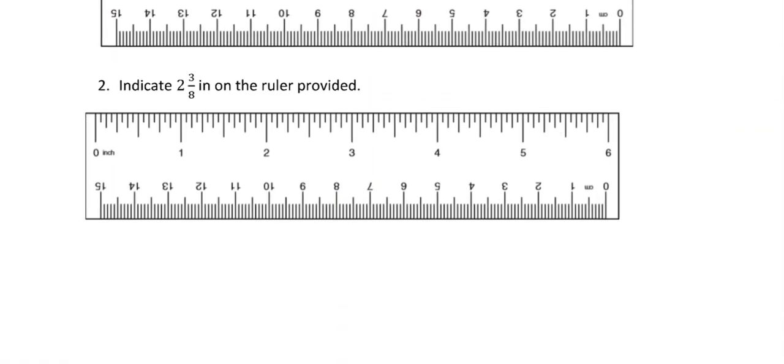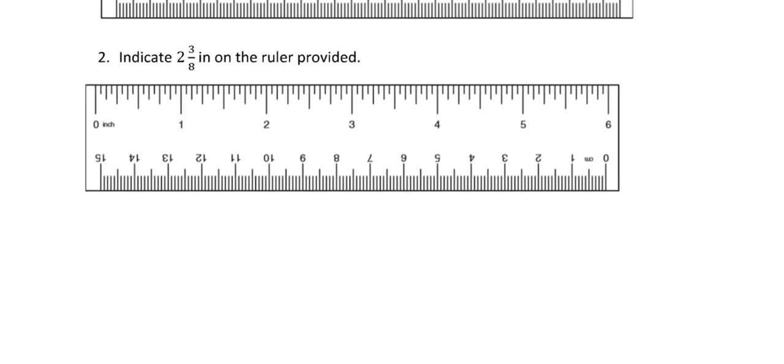Okay, your turn. Indicate 2 and 3/8 on the ruler. So I know it's between 2 and 3, so it's going to be somewhere in there. I have to find the 8th spot, because I know it's on the 8th one. To get my bearings, I remember halves are right in the middle, and quarters are easier to see too. The 8ths are if I cut those in half.